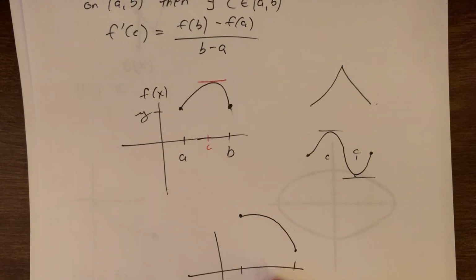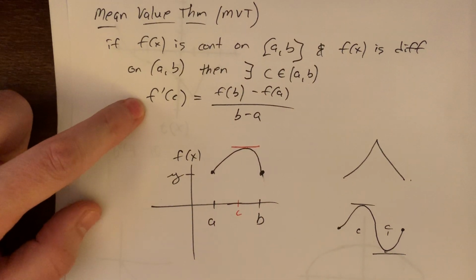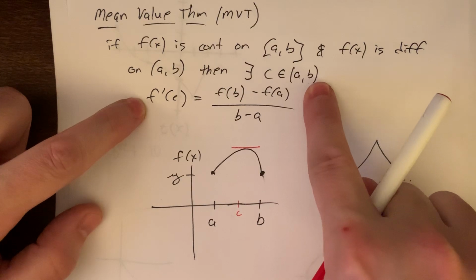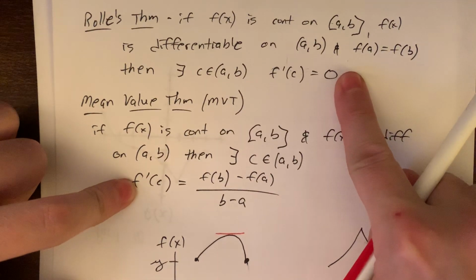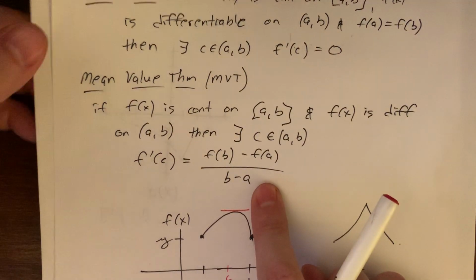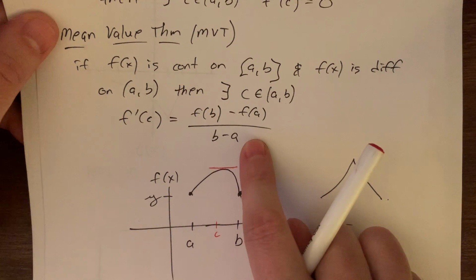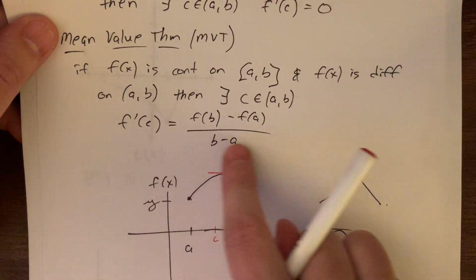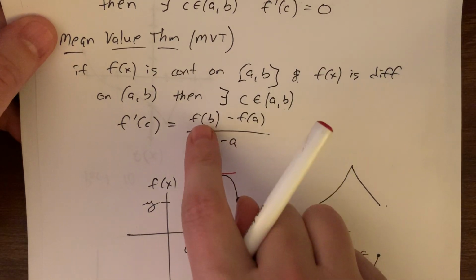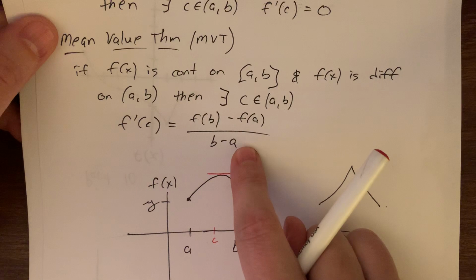But now, what about the conclusion this time? This time, if we look at the conclusion, we're still getting the C value between A and B, but now the derivative is very different than having a derivative equal to 0. So what is this whole big mess over here? If we look carefully, this is a y value, that's a y value, and then these are both x values. We're taking the y value at b minus the y value at a all over b minus a.